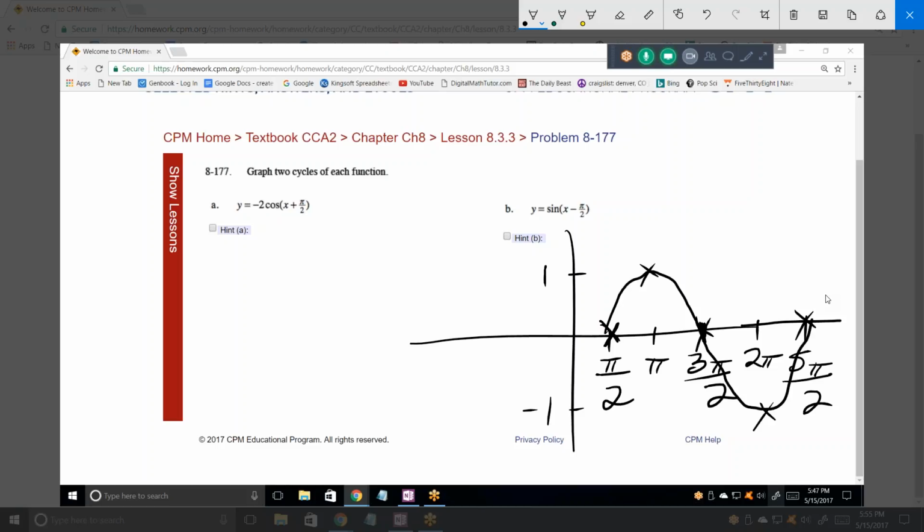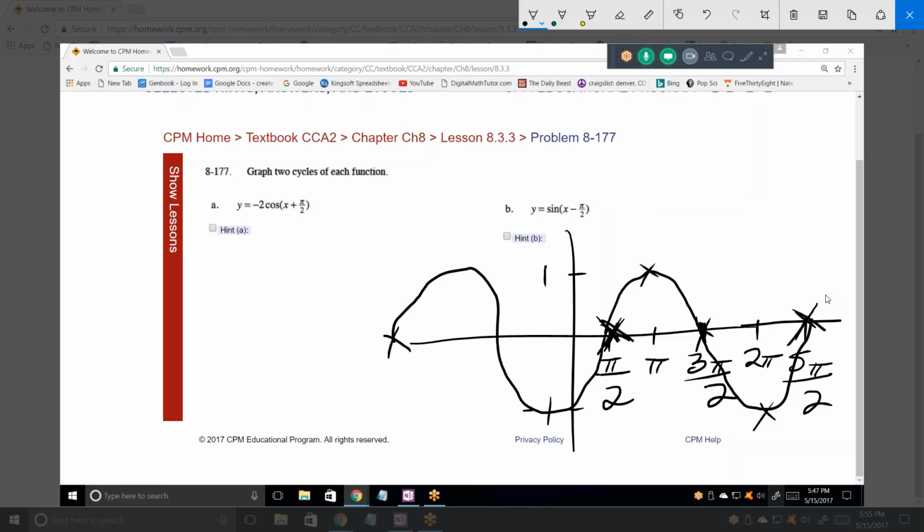Now they say draw 2 cycles. Well, I could go in either direction. I could draw another cycle to the right, or I could draw another cycle to the left. I have exactly 2 cycles now. And I know because it's one cycle from there to there and one cycle from there to there.